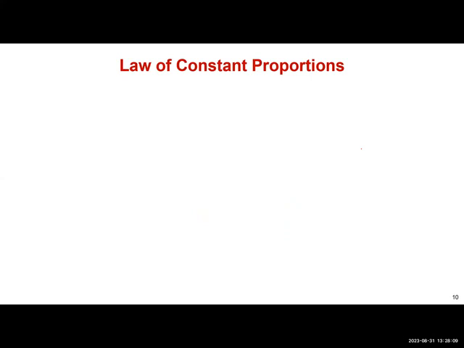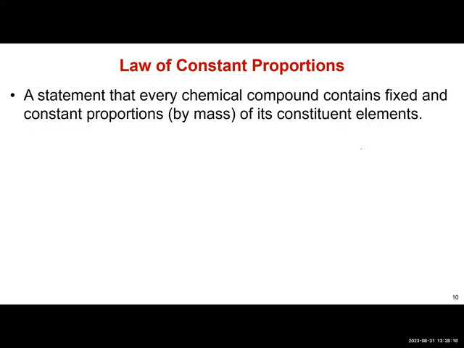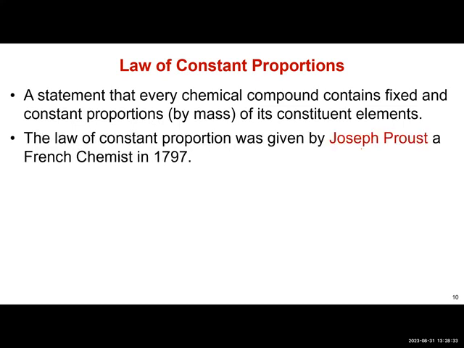Now, there's another law which Dalton used to get his atomic theory, based on the idea that in a compound, the ratio of the masses of two different elements is constant or definite.